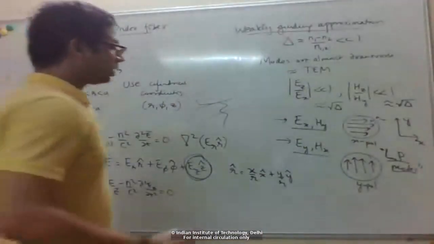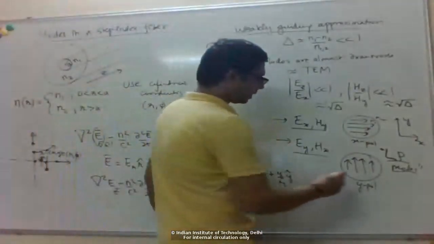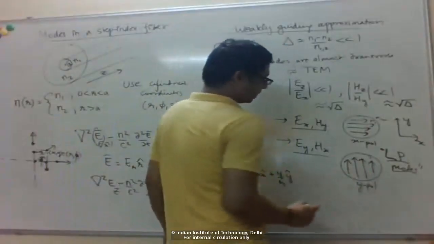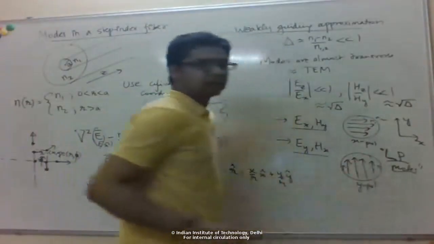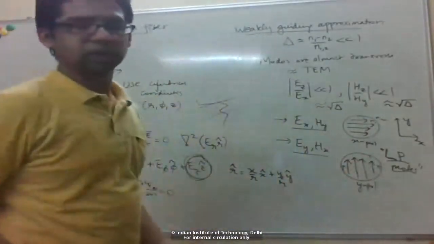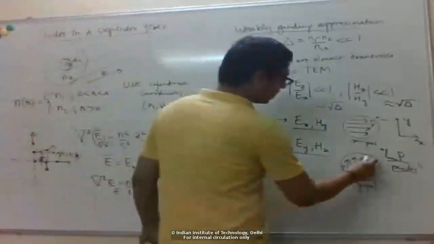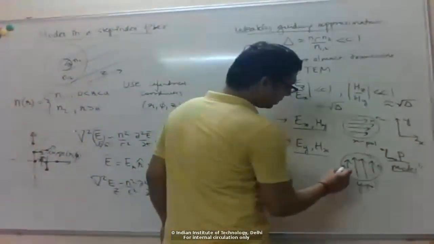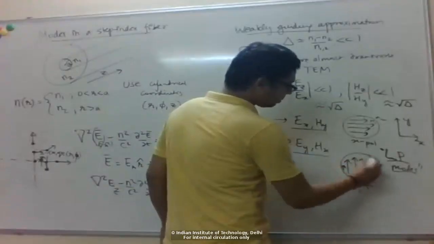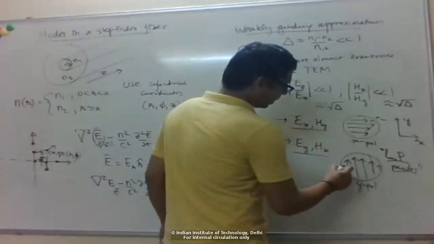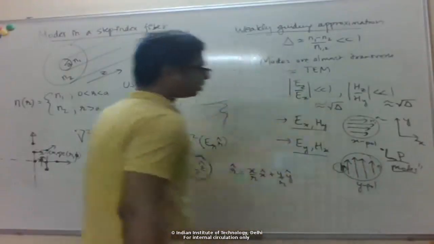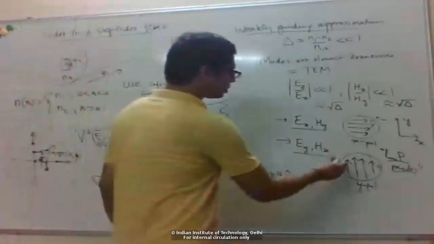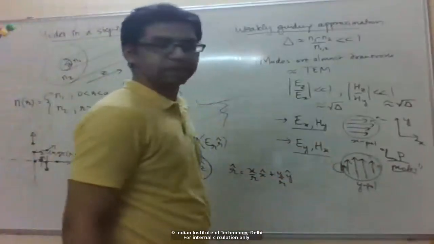Okay, another way to see it is to look at the boundary conditions. Typically we use boundary conditions where the tangential field is continuous at the boundary. Now at the boundary r equal to a, we don't have the same boundary condition everywhere. Here, at phi equal to 0, the field is tangential to the boundary, so we can use the condition that the field is continuous.